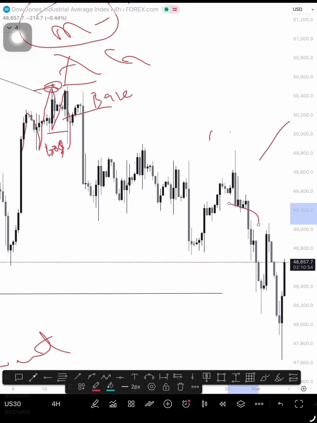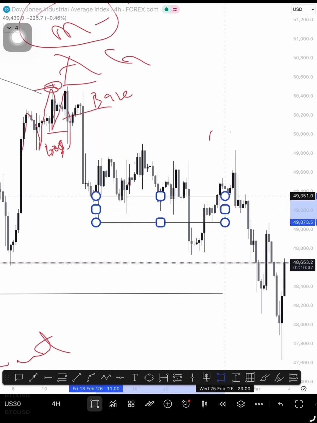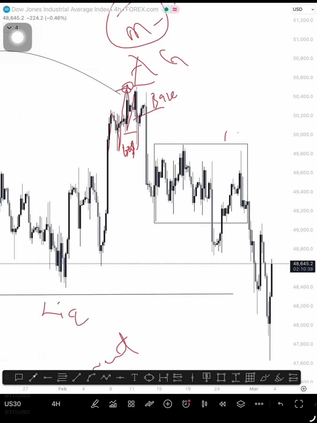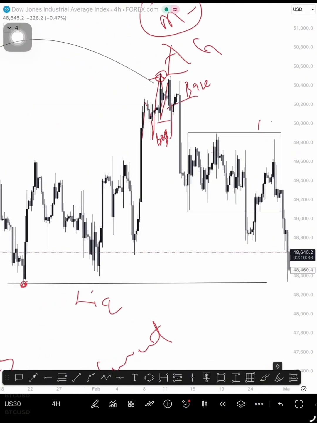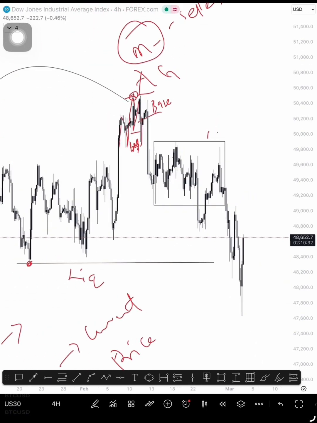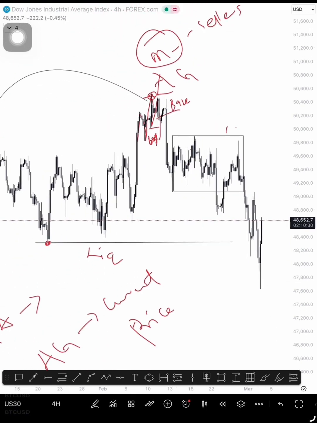Now, you might want to ask, what happened over here? This right here is more like a consolidation, which is indirectly telling you that price wants to continue until price takes out the liquidity. Why? All sell movements must be complete before a reversal will happen, and also all buy movements must be complete before any form of reversal will happen.